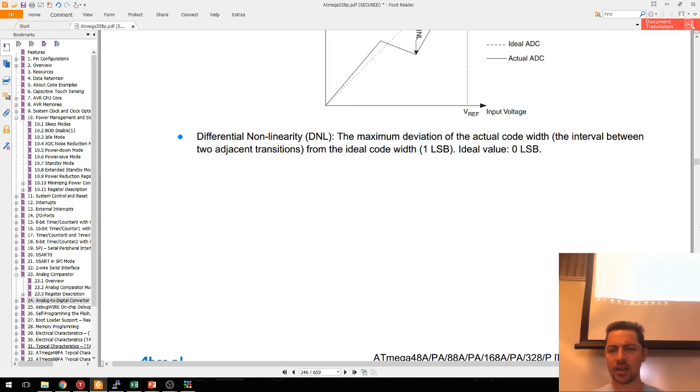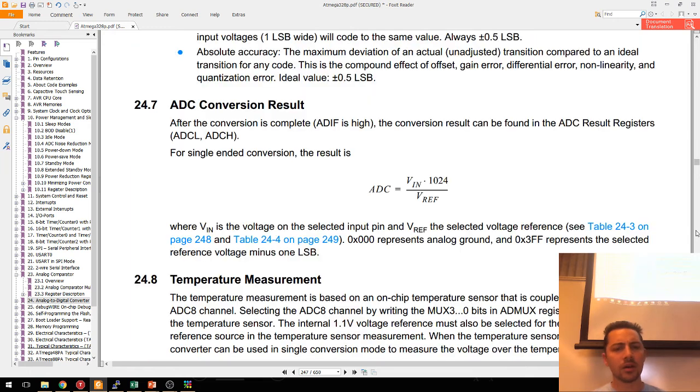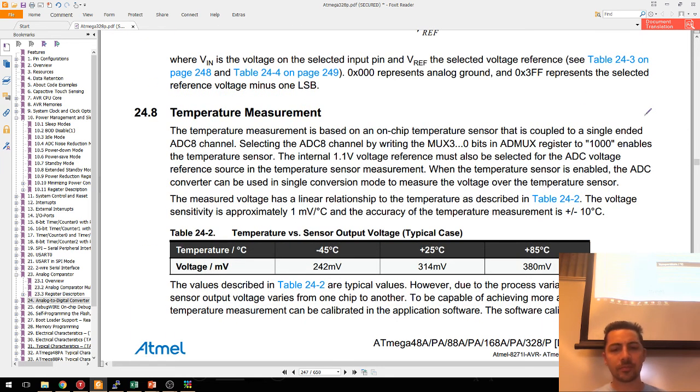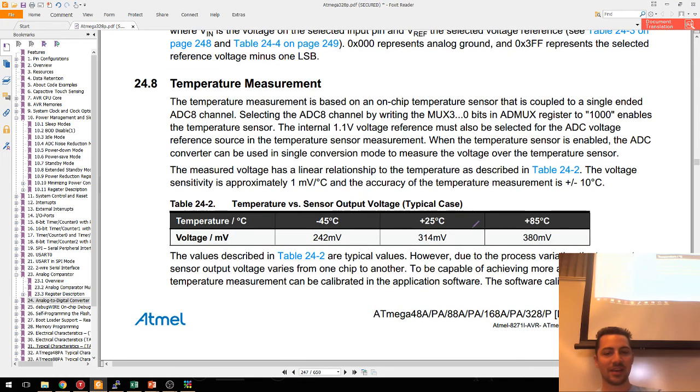That's more on just nonlinearity. Temperature measurement, here it is. It was plus or minus 10 degrees C. So you can tell if you're in a really cold environment or a really hot environment, but that's about it. That's very funny. It is approximately 1 millivolt per degree C, and an accuracy of plus or minus 10 degrees.